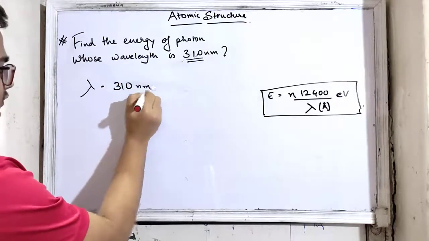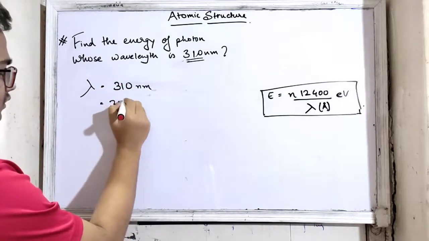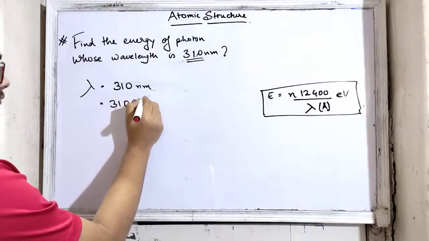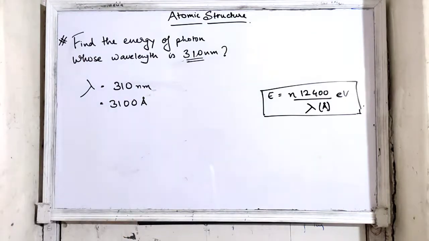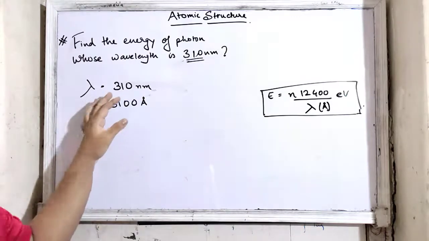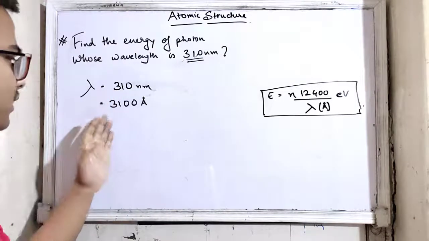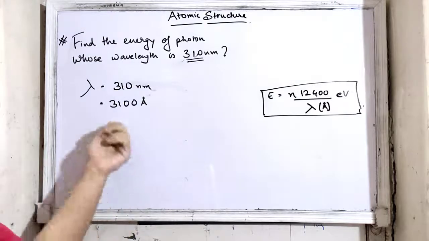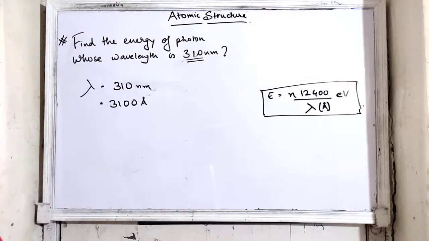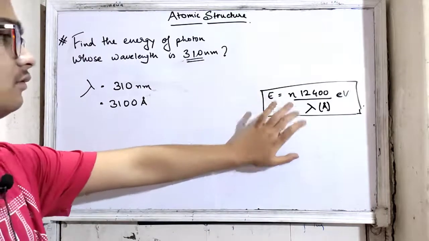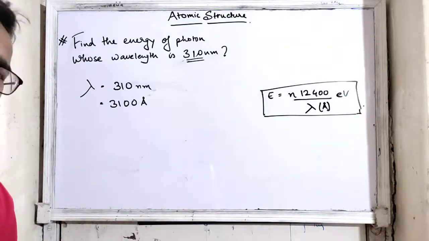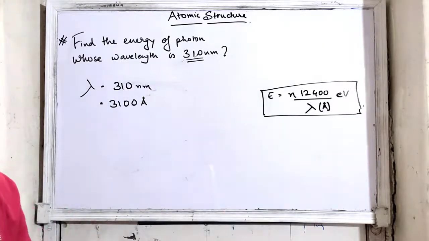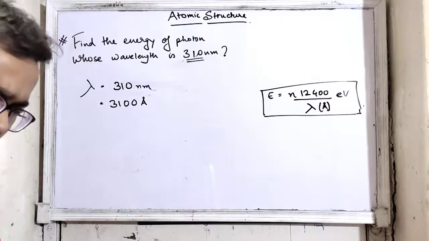It will be 3100 angstrom, right? Clear up to this much? Lambda was given in nanometer, and I converted it to angstrom. Now I will directly put this formula for better calculation. If you want, you can put the value of the speed of light and the Planck's constant, and you can evaluate. The answer will come more or less the same.